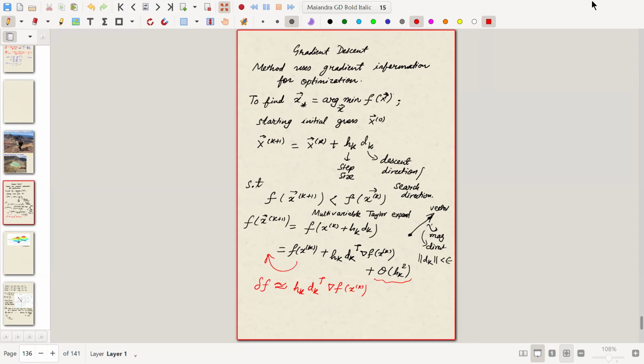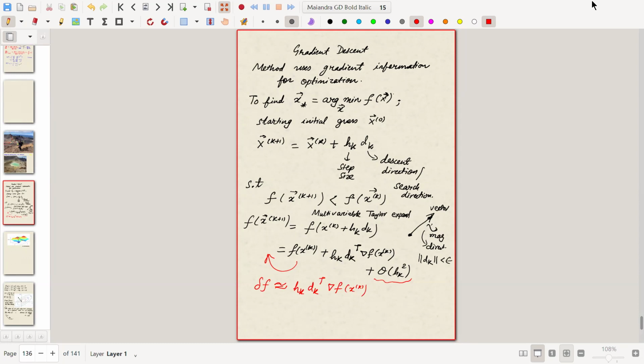Now this is a bit of mathematical notation. Remember that dk transpose is a vector, not a scalar. Hk is a scalar. Step size is a scalar. But dk transpose is a vector, and gradient of f is also a vector. How are we multiplying vectors? Finally, the change of function is a value.